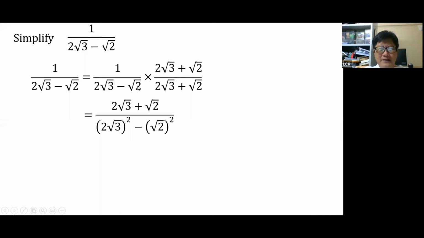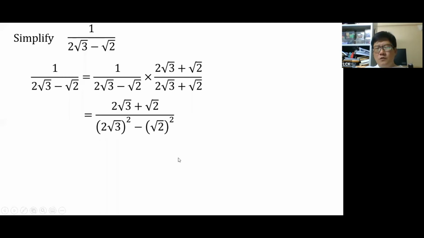So a minus b, a plus b, what you get is a squared minus b squared. Let me repeat that because this is very, very important. You have an a minus b, you have an a plus b. So what you get is a squared minus b squared. And of course 1 times this is just that.